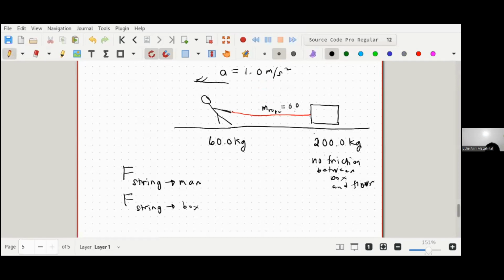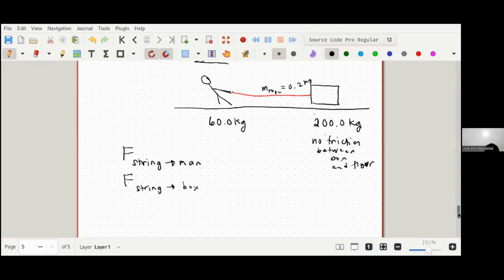So, let's say 10 grams or 0.2 kilograms yung mass ng rope. Tapos ito 200 kilograms. Yung man 600 kilograms. So what can we conclude from this?